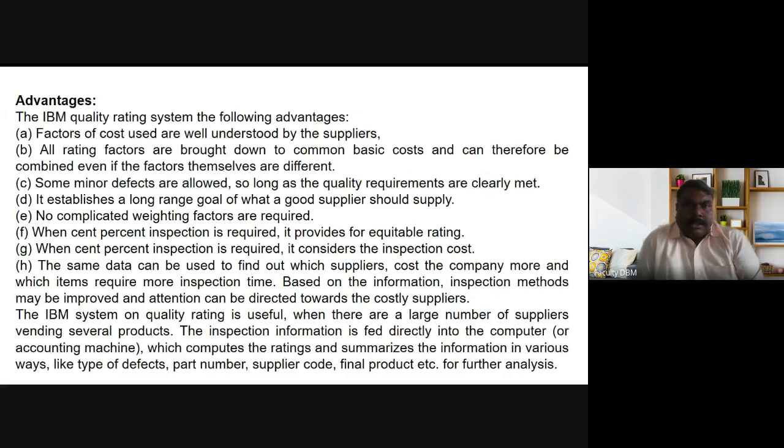All rating factors are brought down to the common basic cost and can therefore be combined even if the factors themselves are different. Some minor defects are allowed so long as quality requirements are clearly met. It establishes a long range goal of what a good supplier should supply. So we are going to make a standard that a supplier should supply with these quality parameters, delivery times, and we have the services and the pricing.